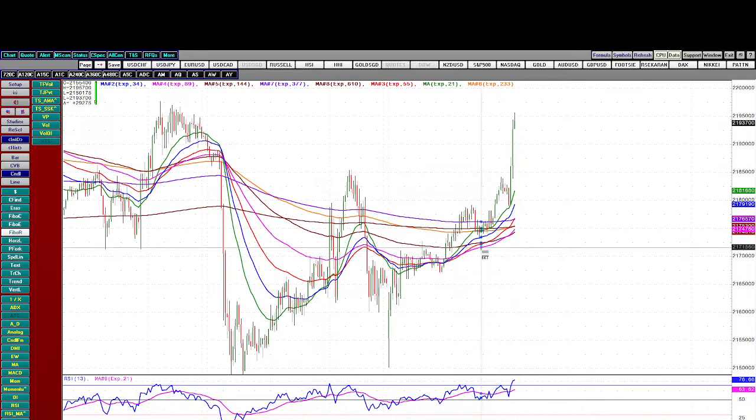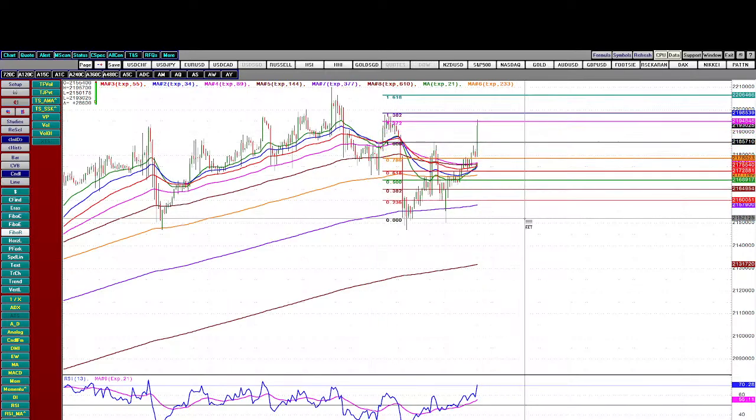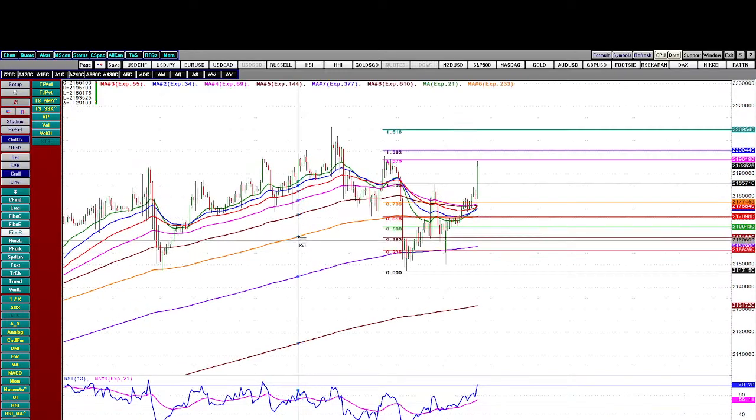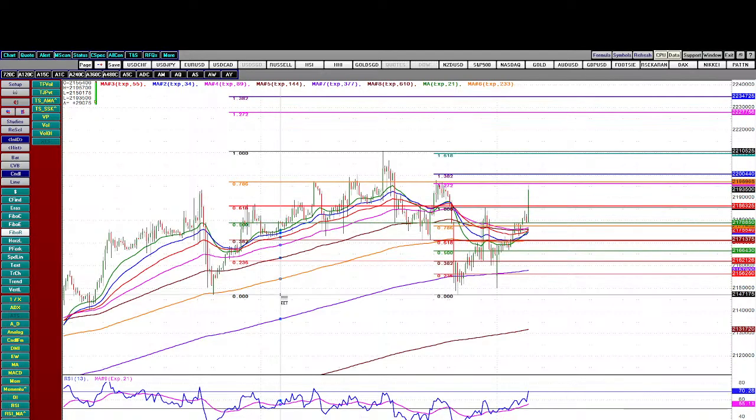This strength can last for another 24 minutes, because this is an hourly strength we are looking for. It can go towards 22,000, which means another 60 pips.